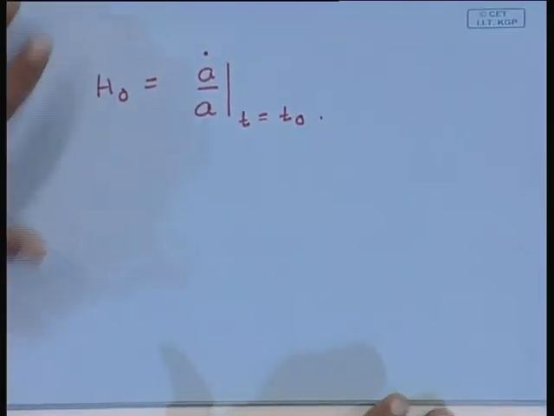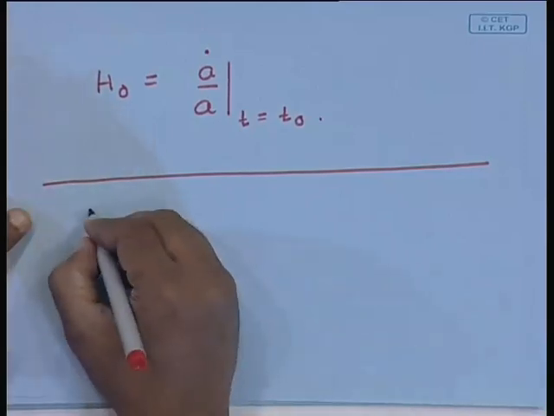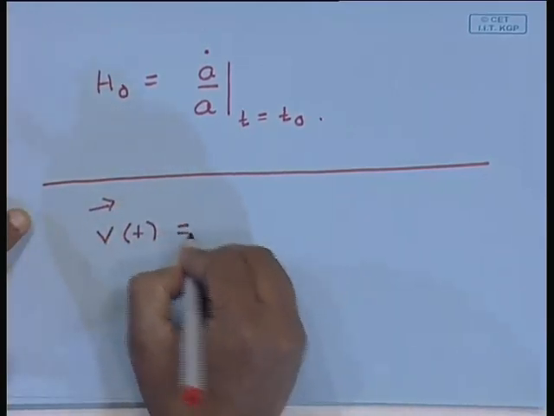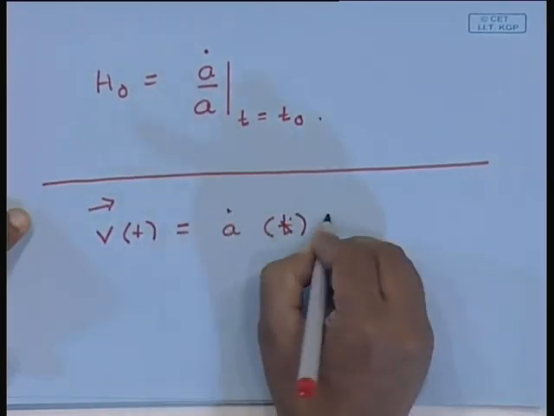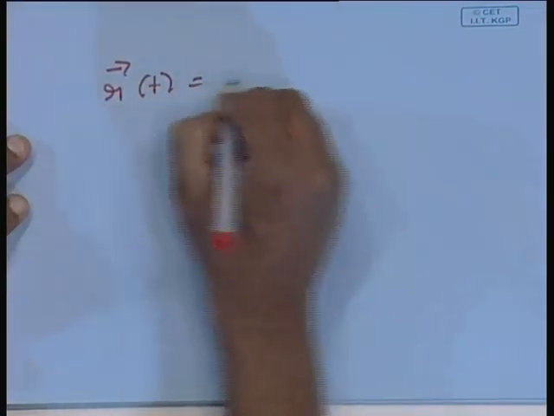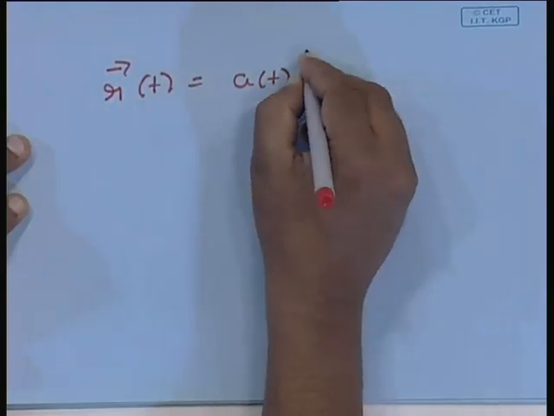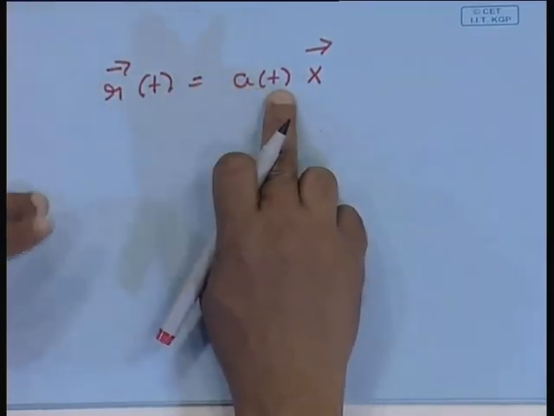Now, suppose we ignore the effect of gravity. Let us just take up a simple situation where I ignore the effect of gravity. So, if I calculate the speed at which every galaxy is moving at a fixed x, its proper position r of t is related to its comoving coordinate through the scale factor A of t.